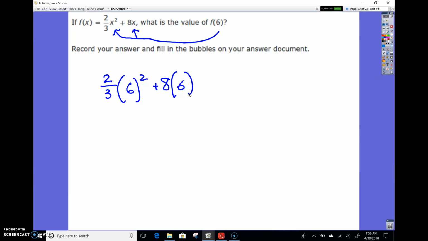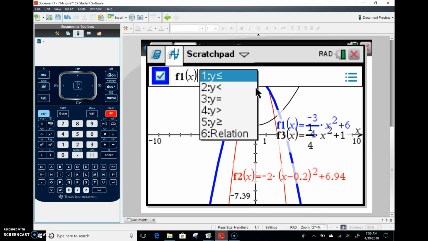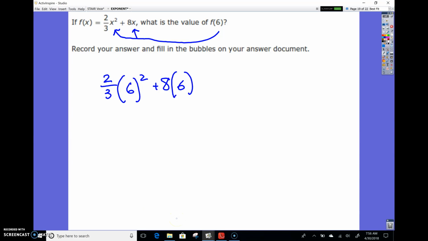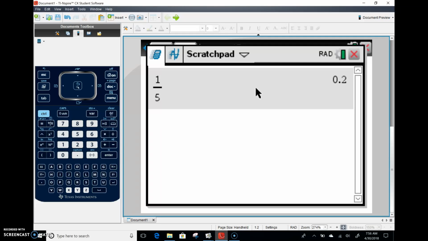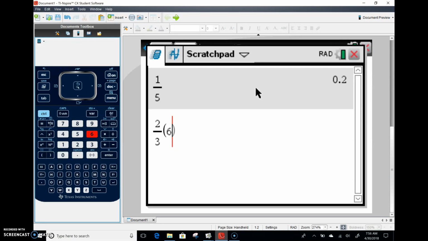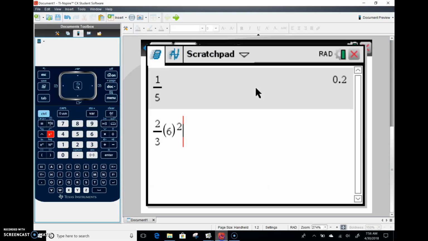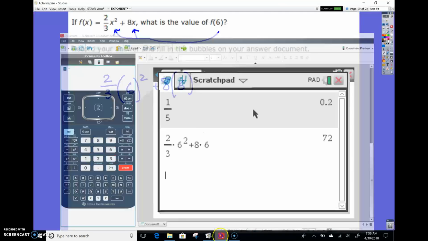Okay, all you have to do is put that in the calculator. 2/3 times 6 squared plus 8 times 6. Answer is 72.